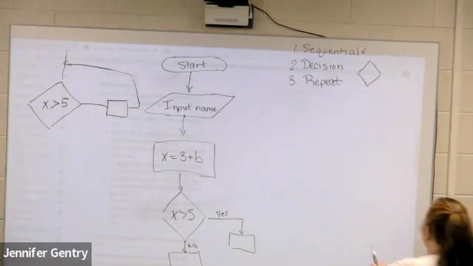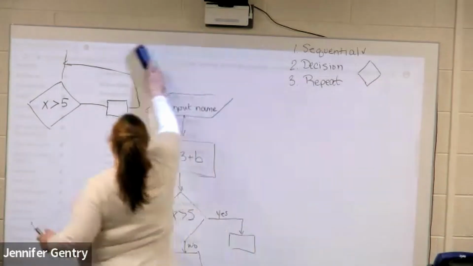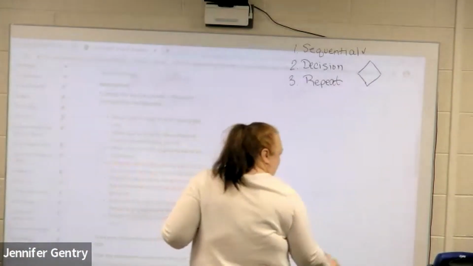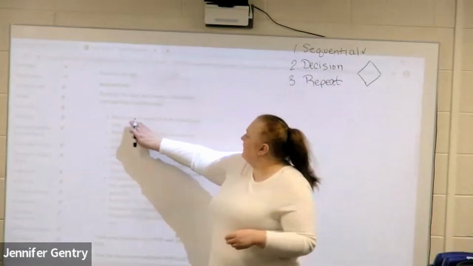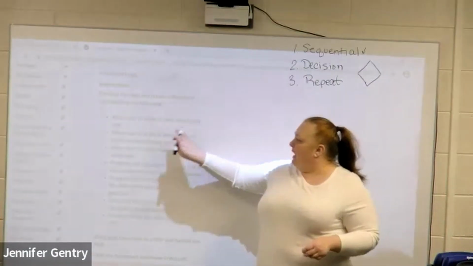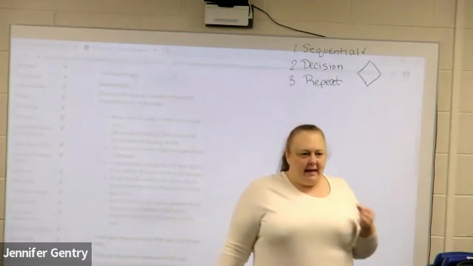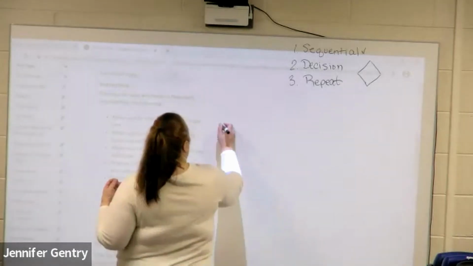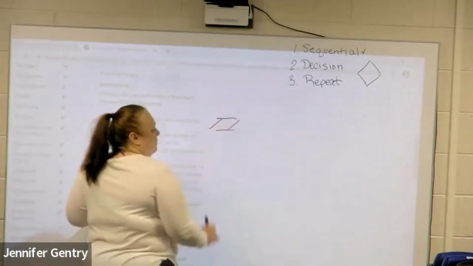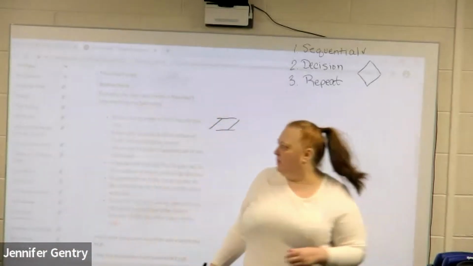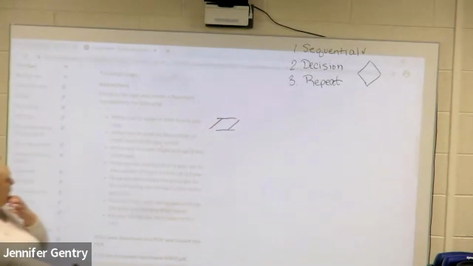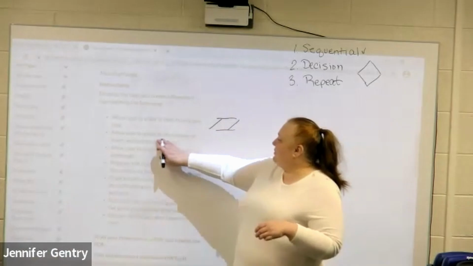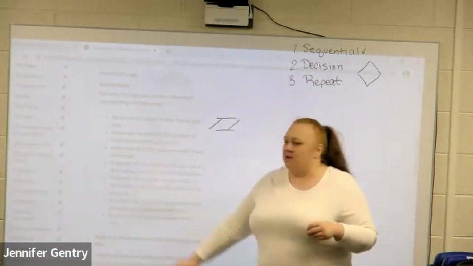I'm going to erase some of this. You may not be able to see it, but you'll be able to see it on yours, okay? So the first thing, allow the user to enter their hourly pay rate. What shape is that going to be? Parallelogram, right? You're allowing the user to enter something. Allow the user to enter in the number of hours worked.